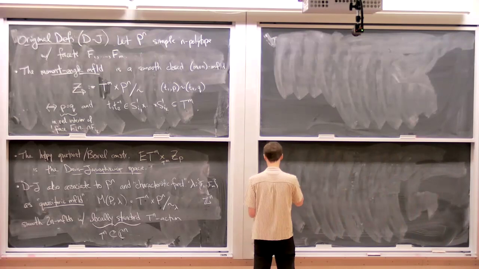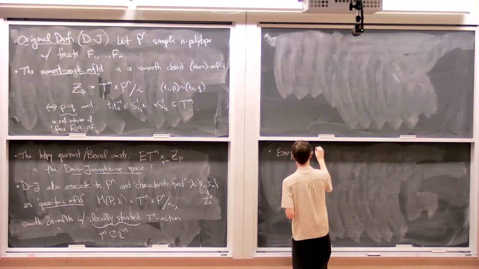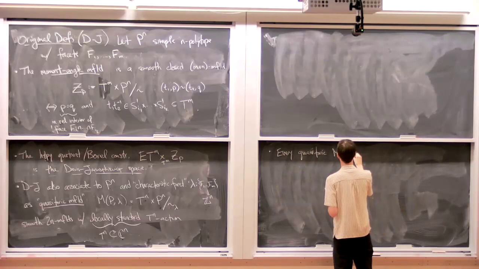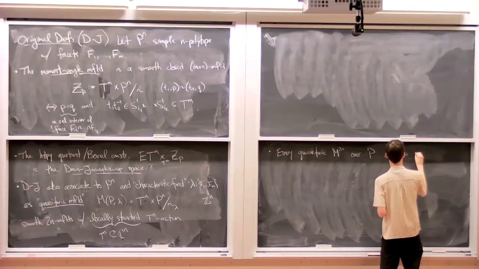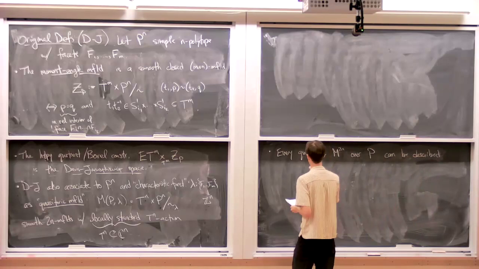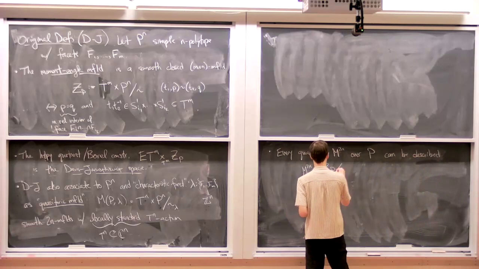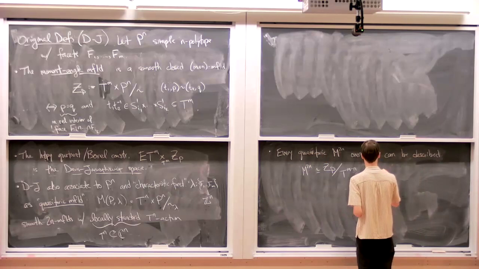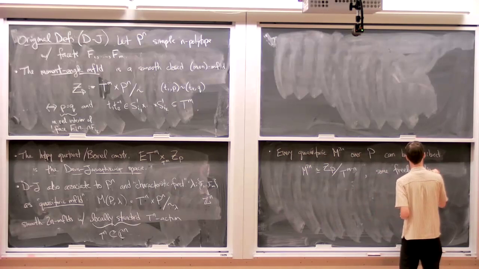So just briefly, every quasi-toric manifold that comes about this way over a given polytope P can be described as a quotient of this moment angle manifold by some freely acting subtorus.